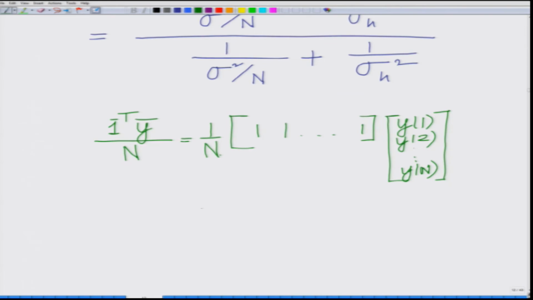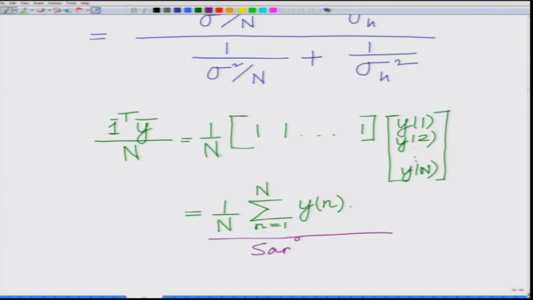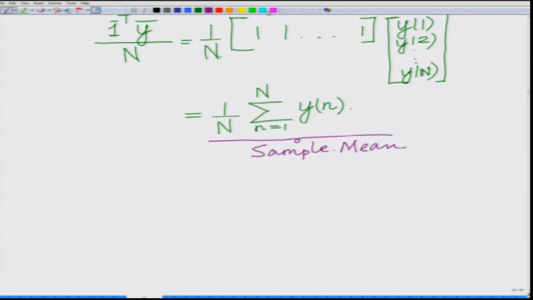This is the summation 1 over n, n equal to 1 to n, of y of n, which is nothing but the average of the samples. This is the sample mean, and this is also basically the maximum likelihood estimate.